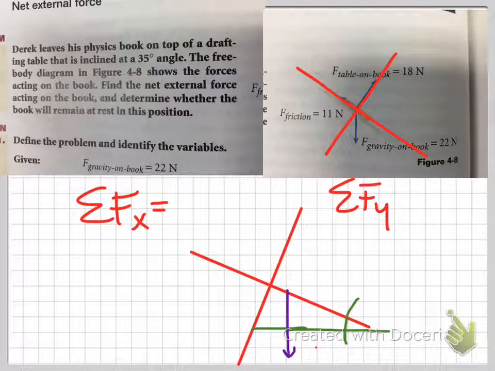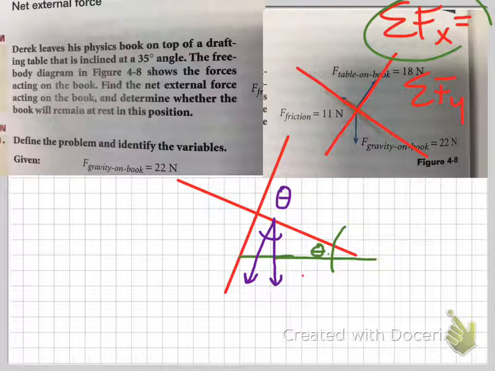is that the angle, theta purple, is the same as theta green. Here we go.